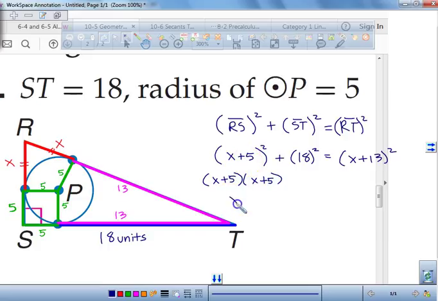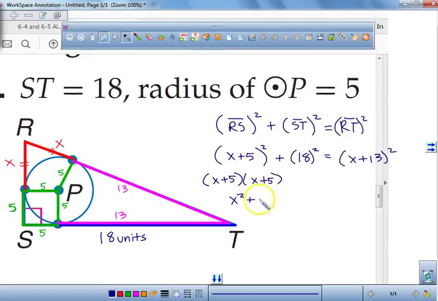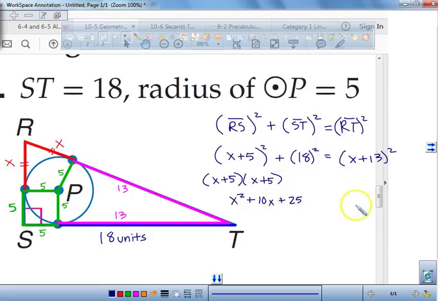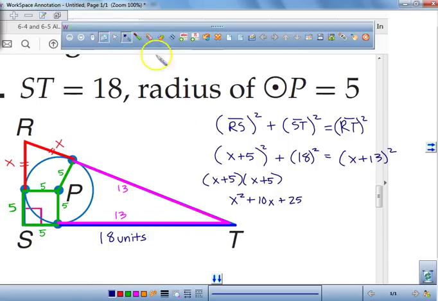The fast way is just realizing that it's going to be an X squared, 5 plus 5 is 10, so 10x, and then 5 times 5 is 25. 18 times 18 is 324.